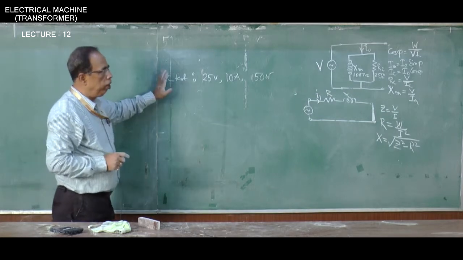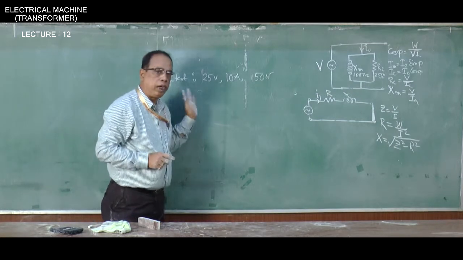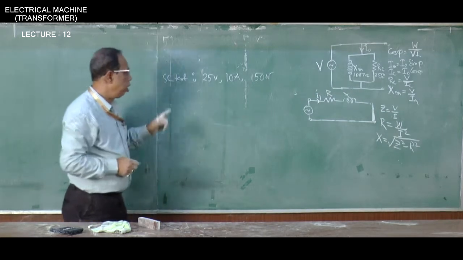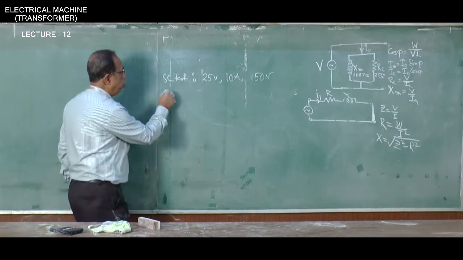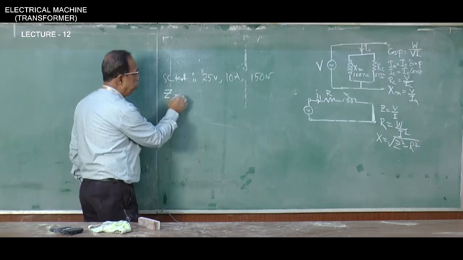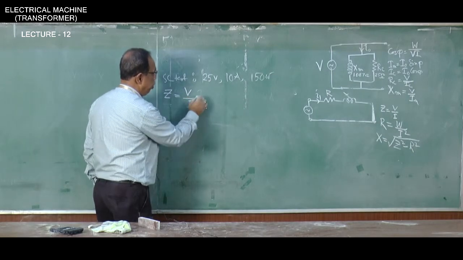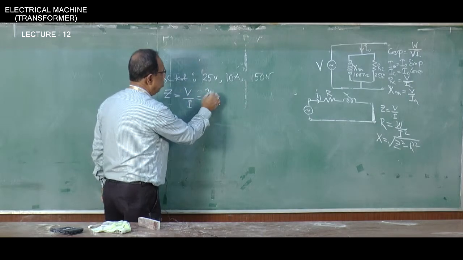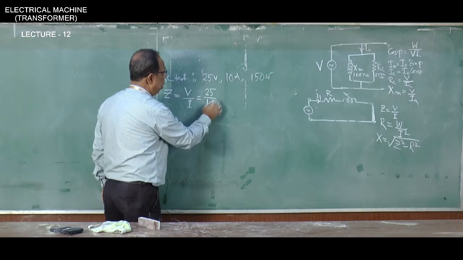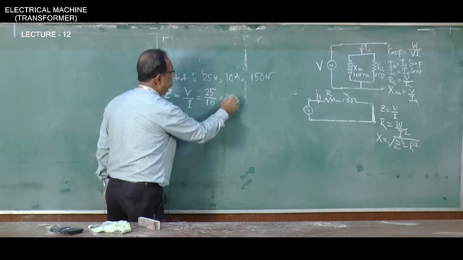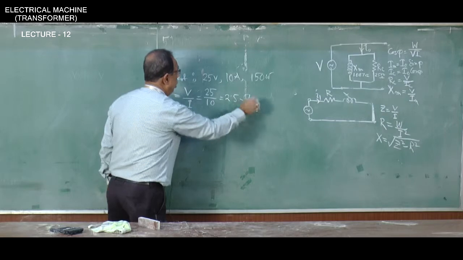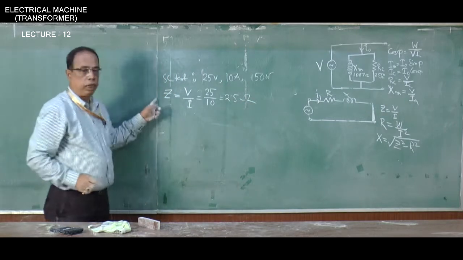This has been done on the high voltage side, that means on the primary side. From here I can find out the impedance. Voltage by current is the impedance, that means 25 divided by 10, which is 2.5 ohm.